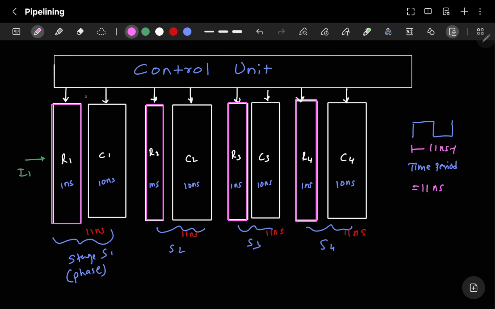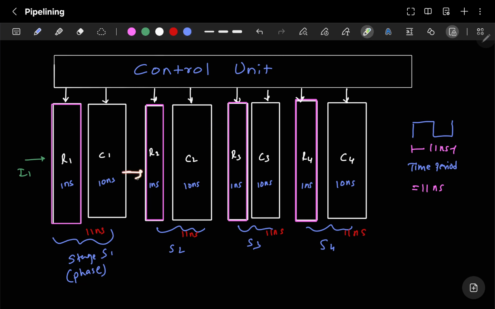Then when this particular function completes its execution, this clock will be triggered. At exactly 11 nanoseconds this clock will be triggered and the data will be moved to the next phase. Are you getting it?